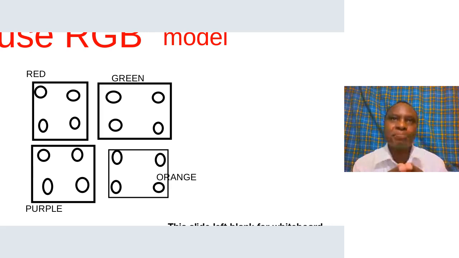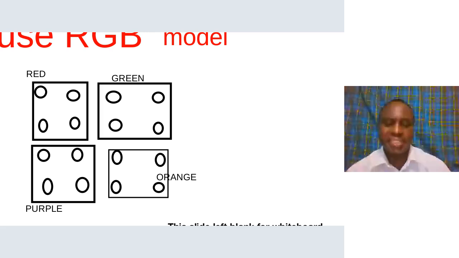Then from there, what combination makes a red? That is in terms of bit combinations. With the bit combinations, you can have the different colors that your system can create and display.